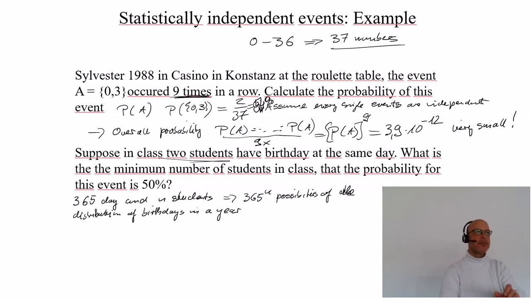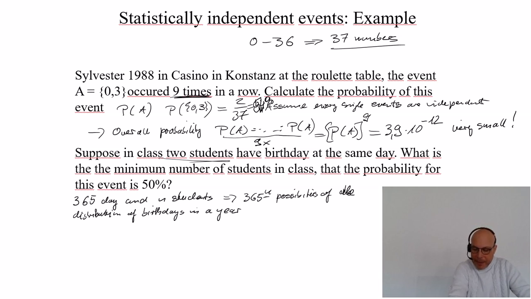Then you have to multiply these possibilities: 365 squared. And if we have 3, so we come to 365 to the power of n.